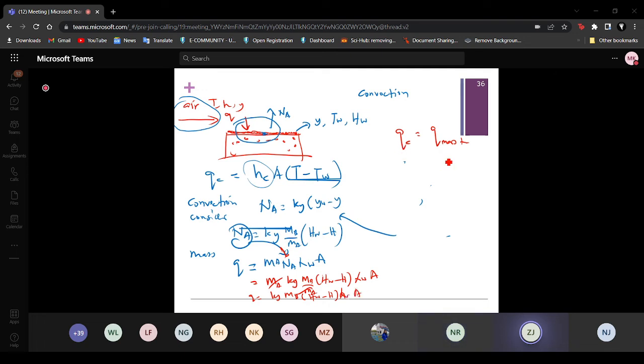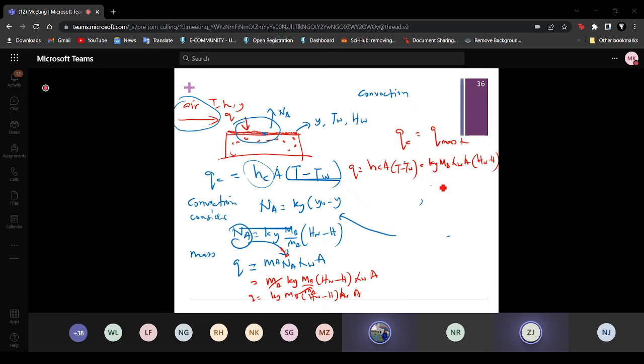So you equalize both convection and mass transfer, so Q equal to HC A (T minus TW) equal to KY MB latent heat A (HW minus H). Alright.